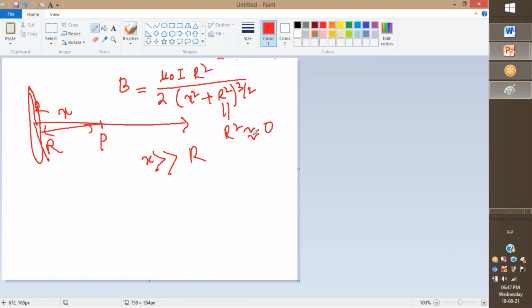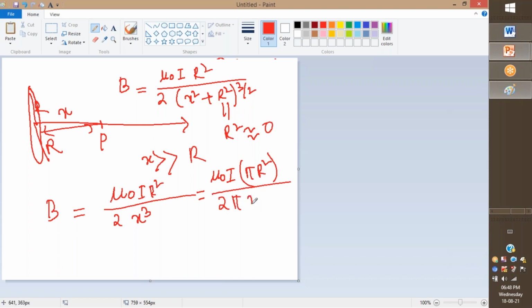Then this expression eventually becomes mu naught I r square divided by 2 x cube. Now I'll multiply pi in both the numerator and denominator: pi r square divided by 2 pi x cube. See, this pi r square is nothing but the area of the circular loop.